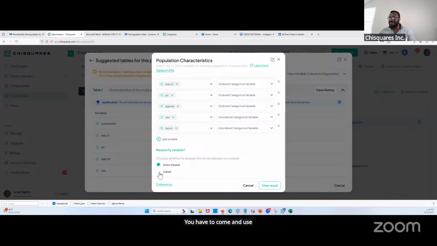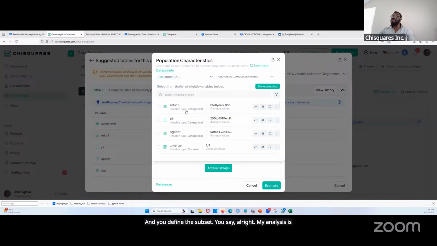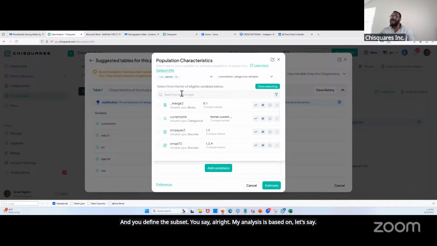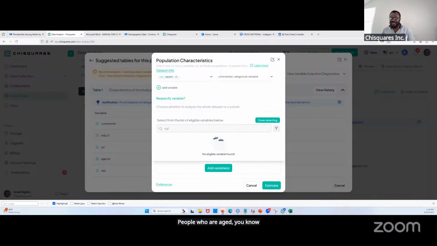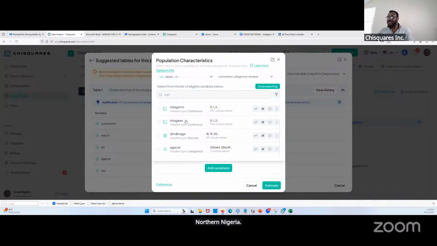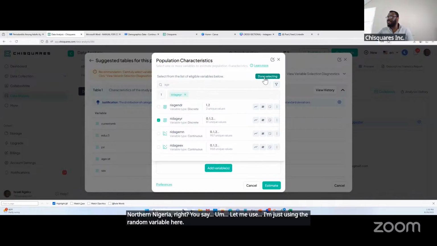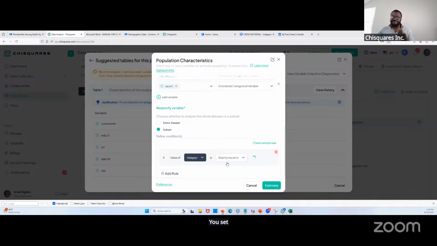You have to use subsets. So here you could come and define the subset. You say, all right, my analysis is based on, let's assume this is the variable for Northern Nigeria, right? I'm just using a random variable here. You set the value for what is deemed to be eligible.